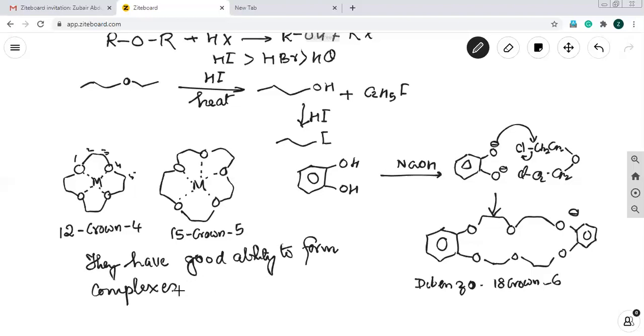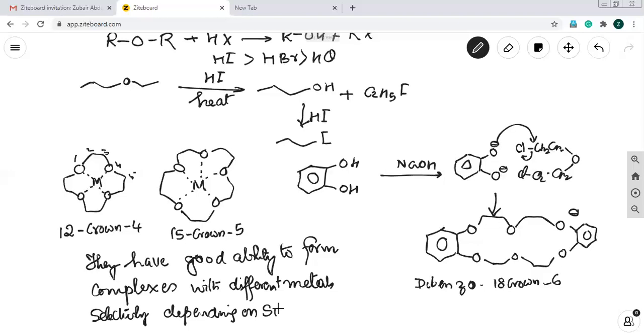Okay, form complexes with different metals selectively, depending on the size of metal and ring.